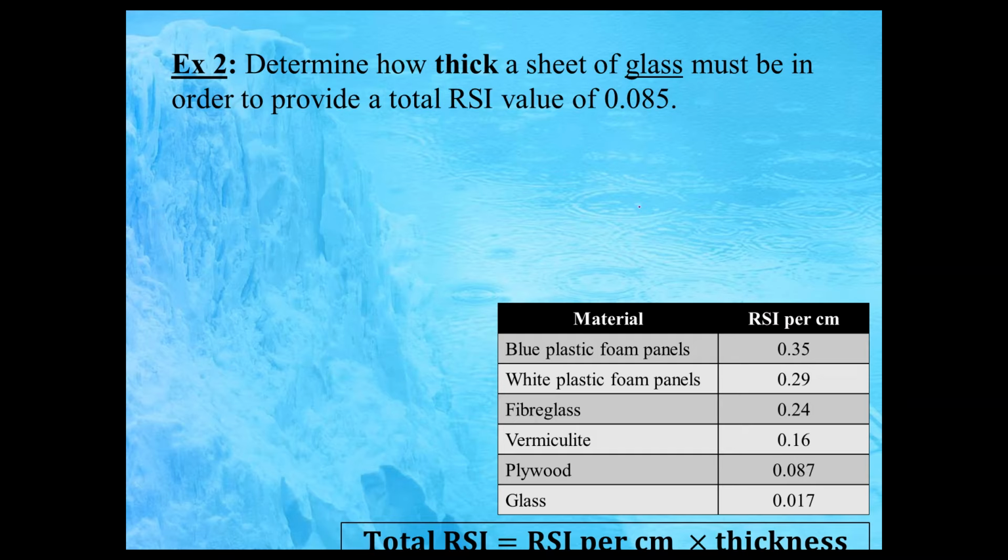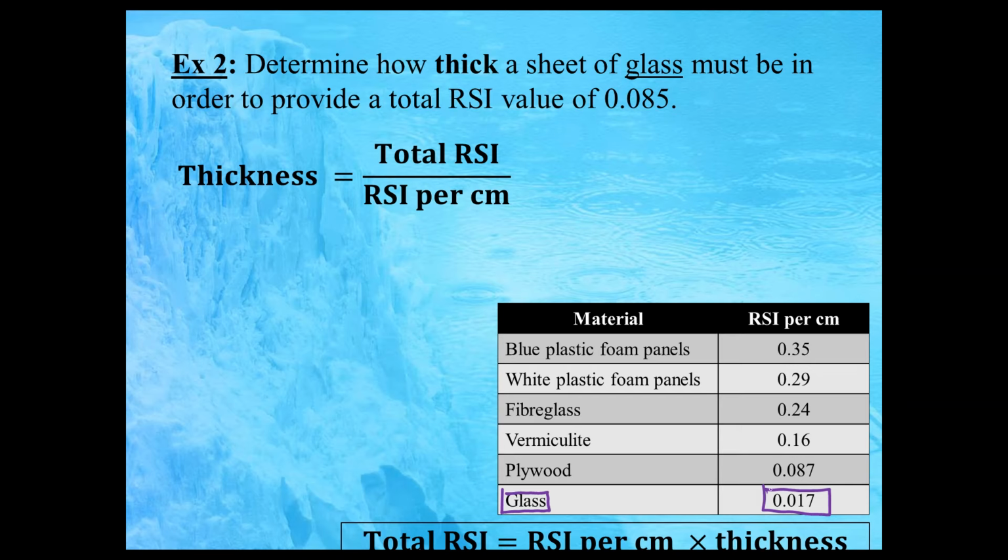Okay, so what we know in this case is we know the total RSI value, and we also know the RSI value per centimeter, because we know for glass it is 0.017. So how would you calculate the thickness? Well, the thickness can be calculated if you take the total RSI value and divide by the RSI value per centimeter.